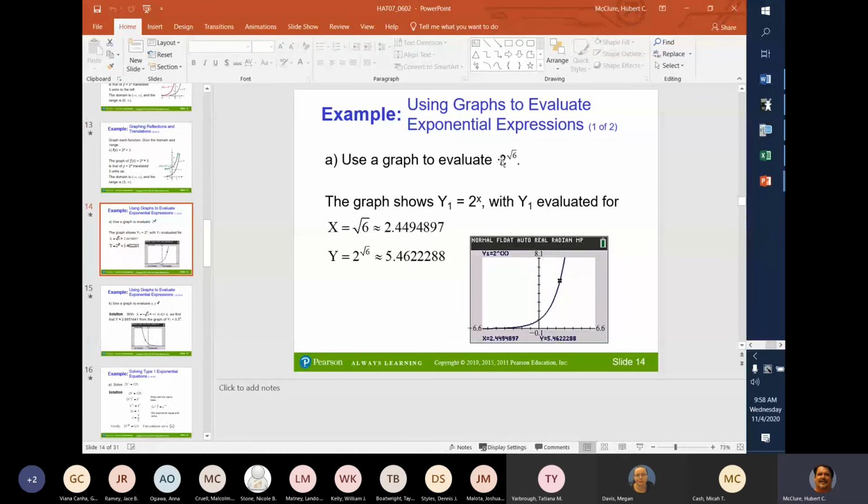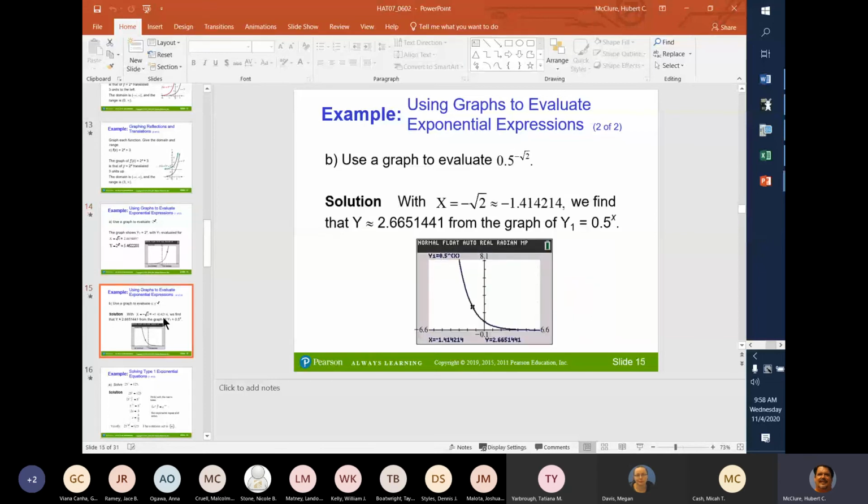This you would punch in a calculator, or you could do it by hand, but I don't think you'd want to do that. But you would just raise 2 to the square root of 6 power. That's not a big deal. Same thing here.